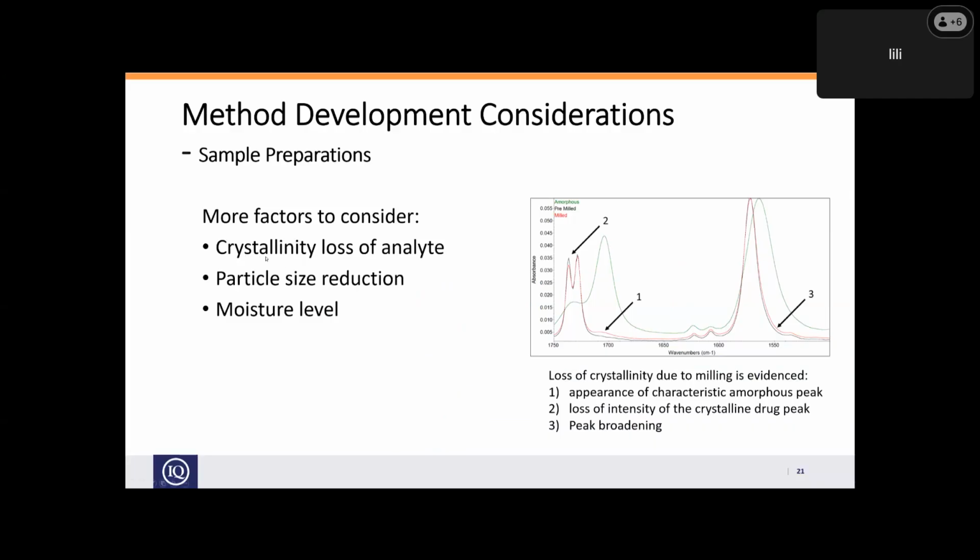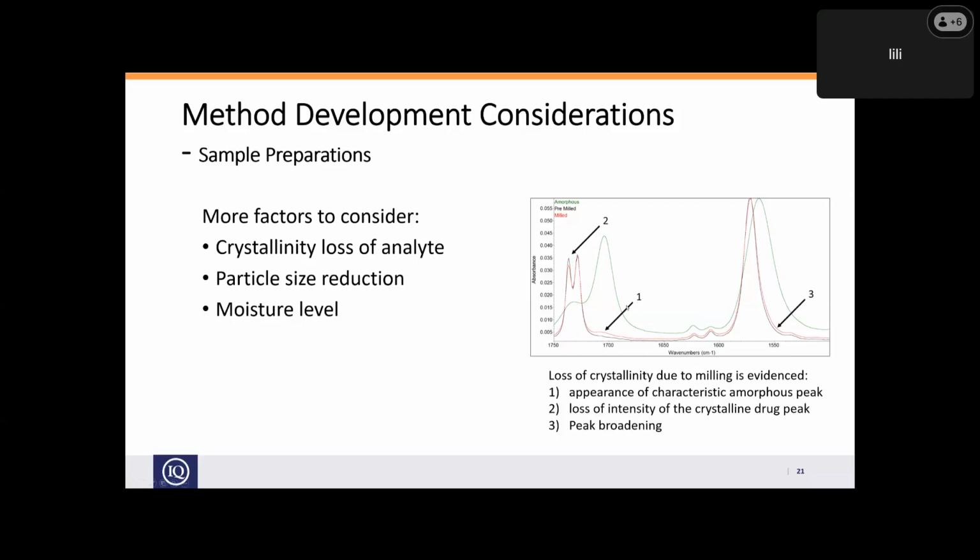One factor will be the sample preparation technique, because crystallinity can be lost during sample preparation if it's not properly controlled. In the IR plot on the right-hand side, that illustrates the crystallinity loss.